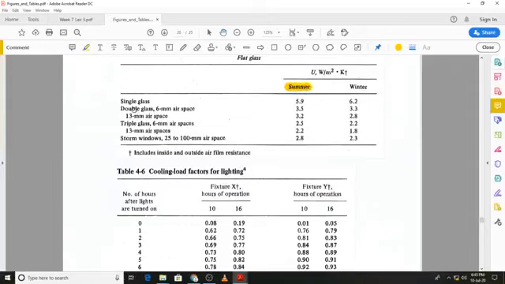Then you can see, because it's double glazed glass with a 6 mm air space, this is the right choice, and against these two values we will again find out the U value.